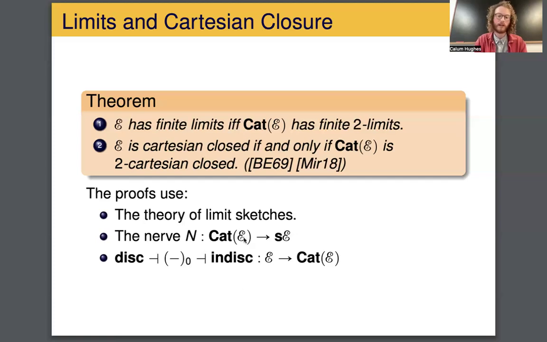Okay. On the other side of the spectrum, there's this map Indisc from E to Cat E. And what this does is it takes an object X of E to the internal category that has objects X again, morphisms X cross X, composable morphisms X cross X cross X, and so on. The source and targets are projections here.